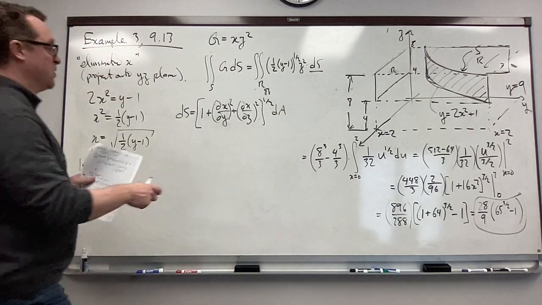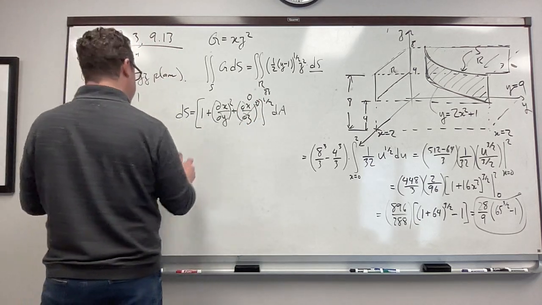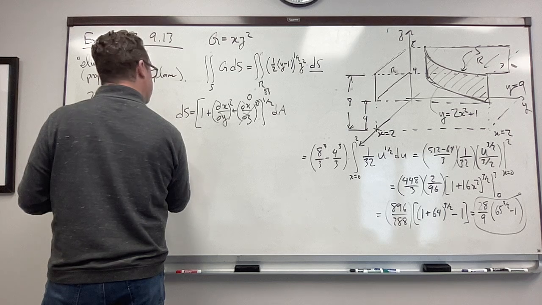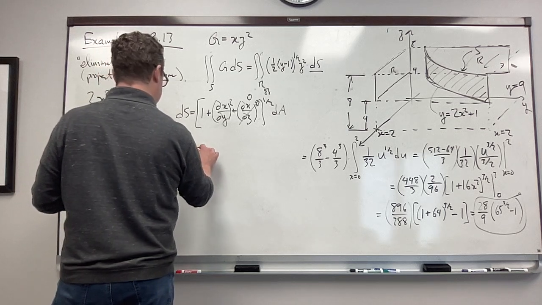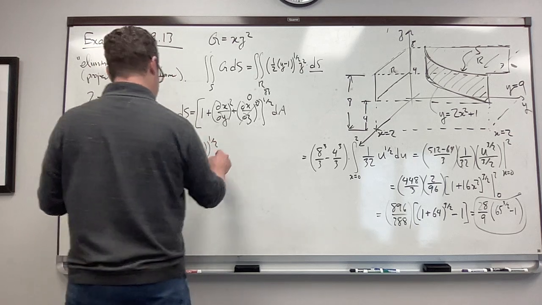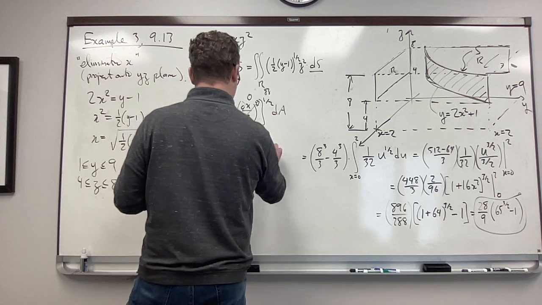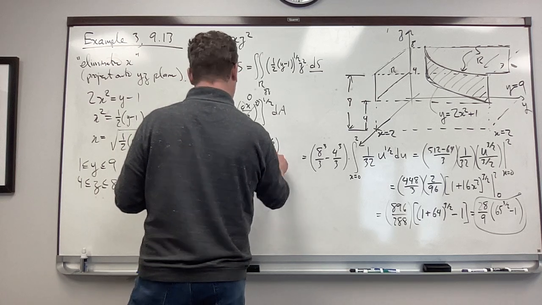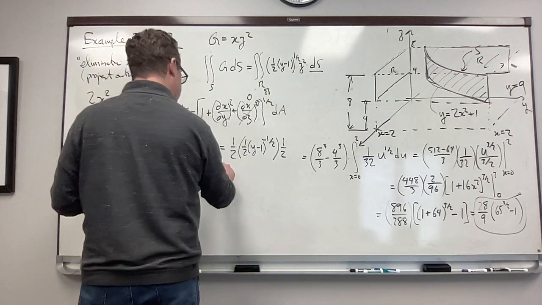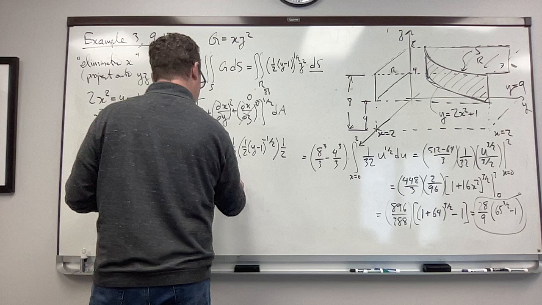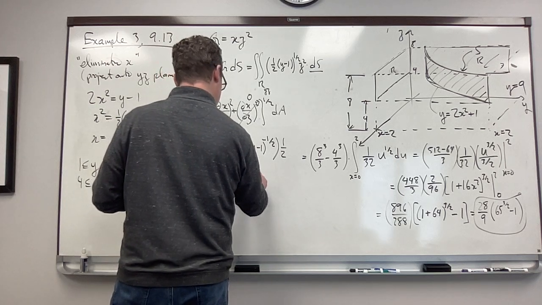Now, again, this one's 0. That's good. But x is a function of y. So dx/dy, so d by dy of 1/2 y minus 1/2 becomes 1/2 times 1/2 y minus 1/2 to the minus 1/2, so this becomes 1/4 times y minus 1/2 to the minus 1/2.